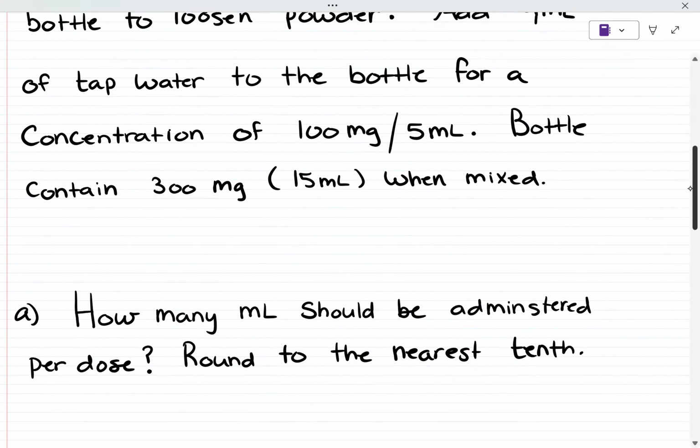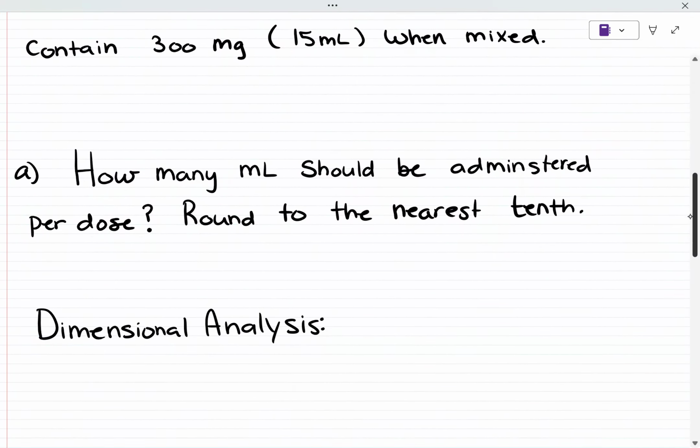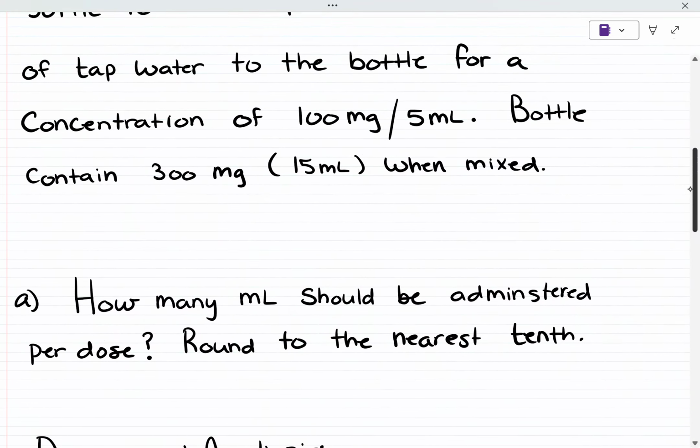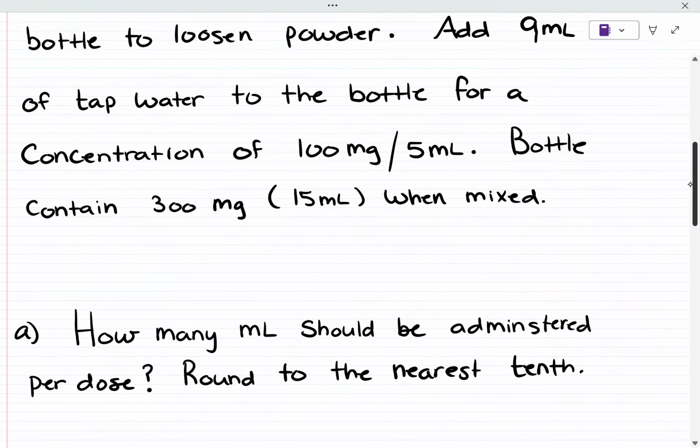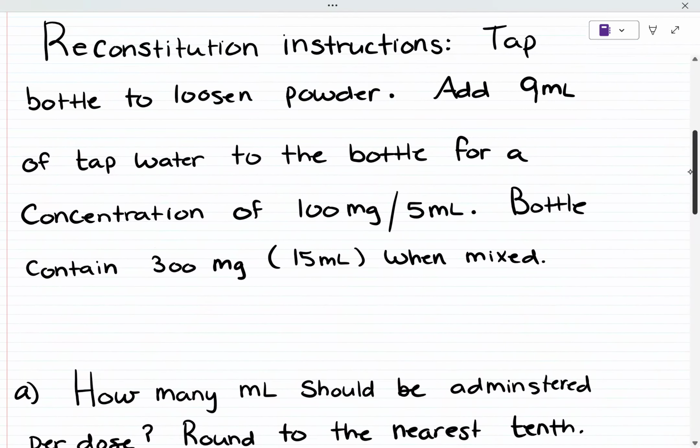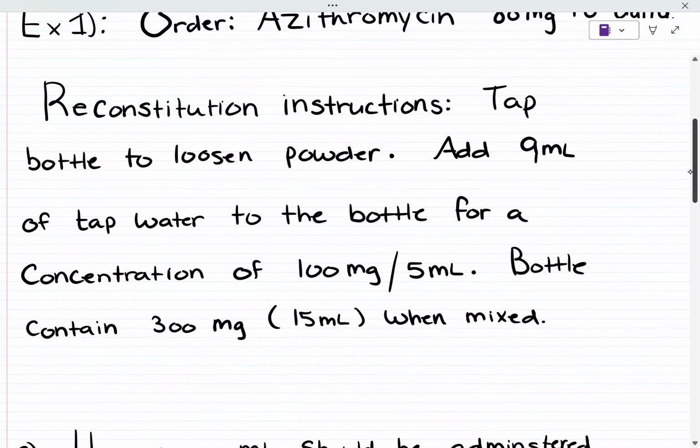When we're doing dimensional analysis, the first thing I would check is whether we have to do a double conversion. We started out with 80 milligrams, and our final unit has to be in milliliters, and we have a concentration of 100 milligrams per 5 milliliters.